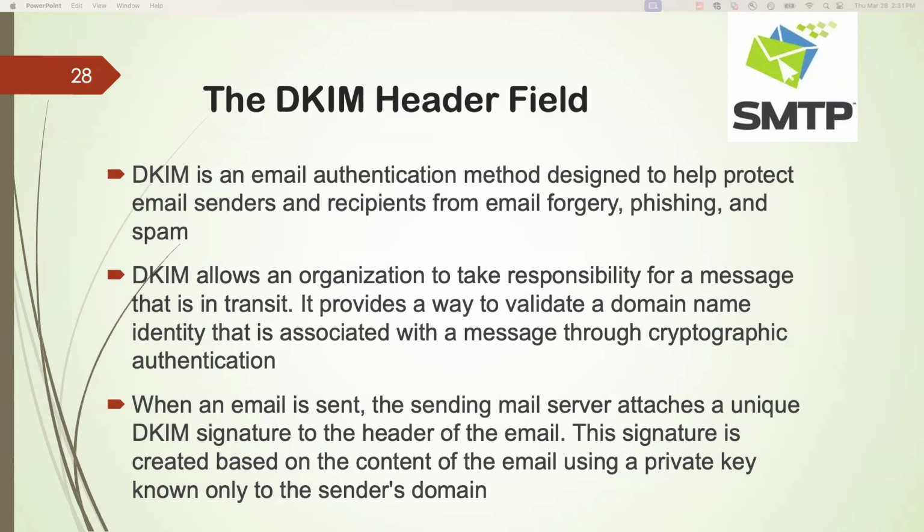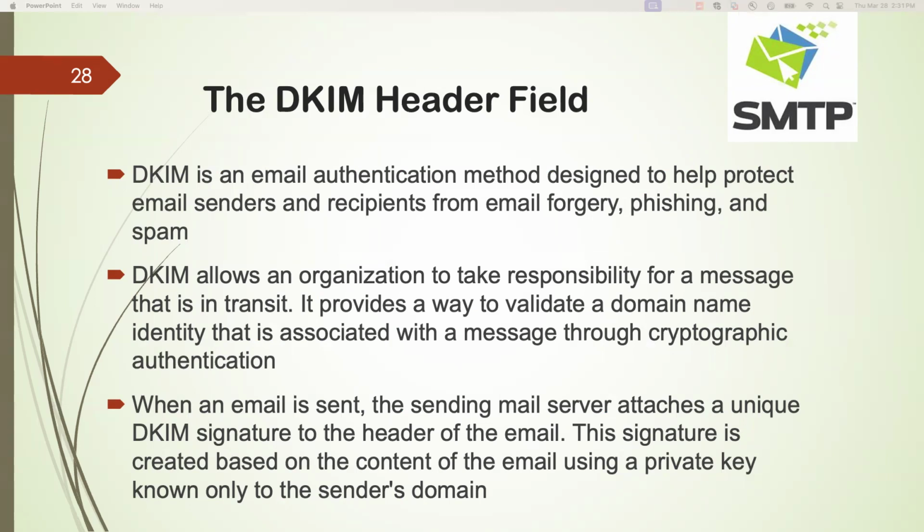For all the emails that I send you from my GVSU email ID, GVSU's mail server will take a hash of the content of my email using the private key of GVSU, put that hashed value in the form of a DKIM signature in my email, and send it to the internet, and it will finally reach the destination.